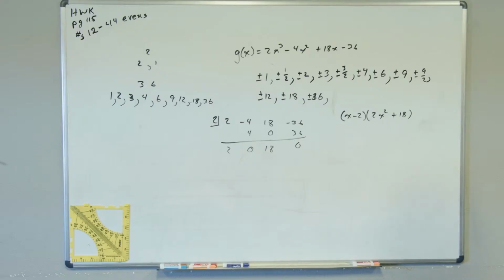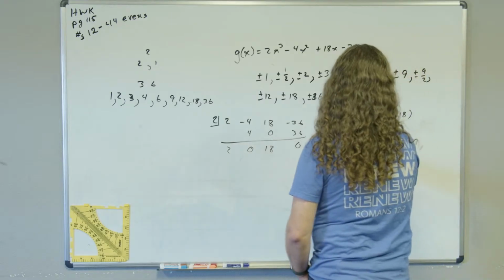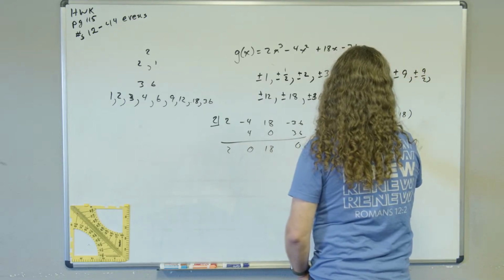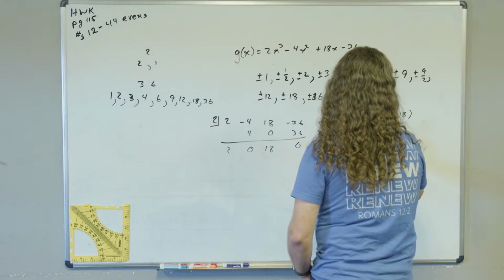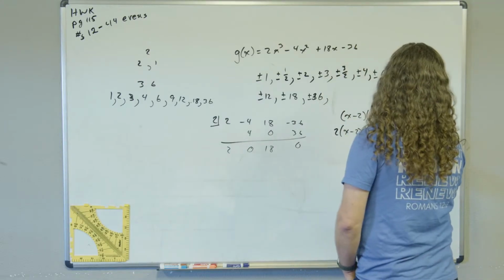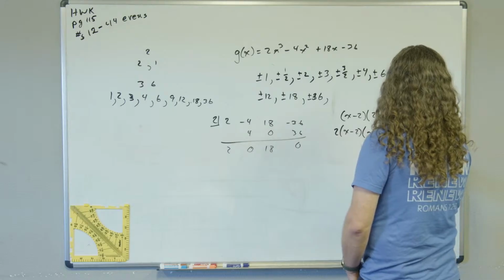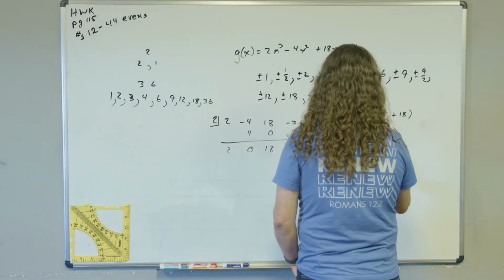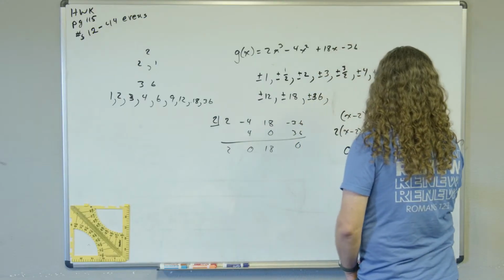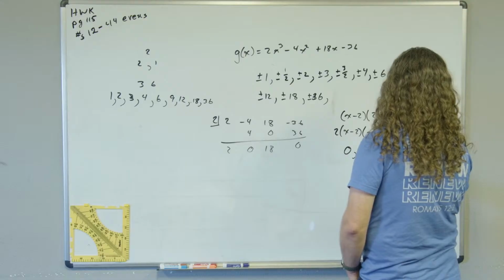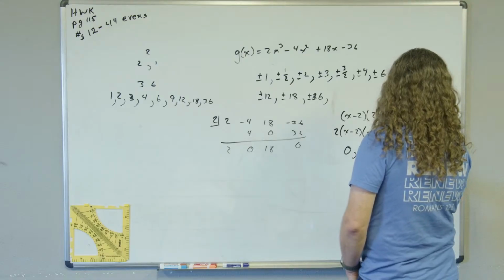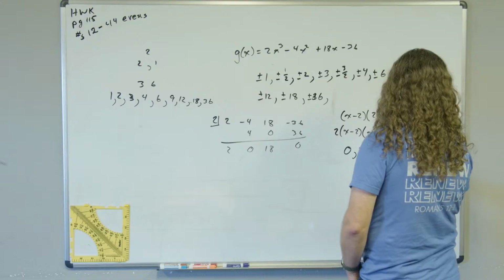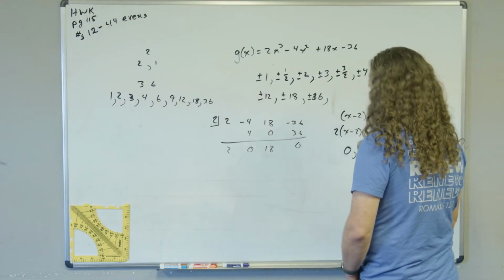3 is not, -3 is not, 3 halves isn't, and neither is -3 halves. 4 isn't, -4 isn't, 6 isn't, -6, 5 isn't, 9 isn't, -9 halves is about 4 1/2. That isn't, and 4, and 12. It doesn't even want those.